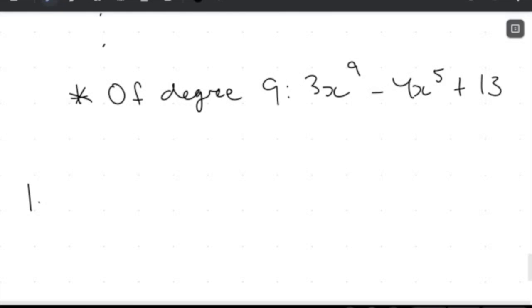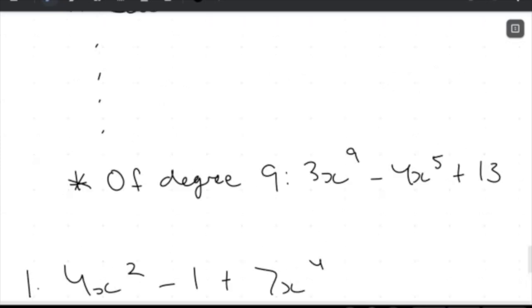So the first one is 4x squared minus 1 plus 7x to the power of 4. Okay? Now, the only thing we need, a main criteria for these polynomials, is are the powers of x whole numbers?